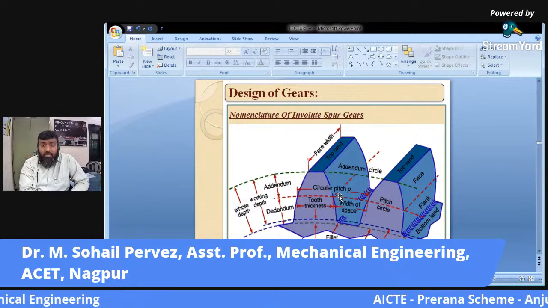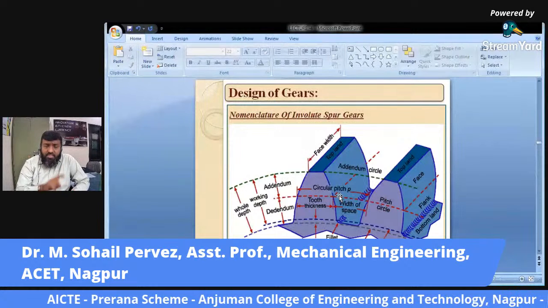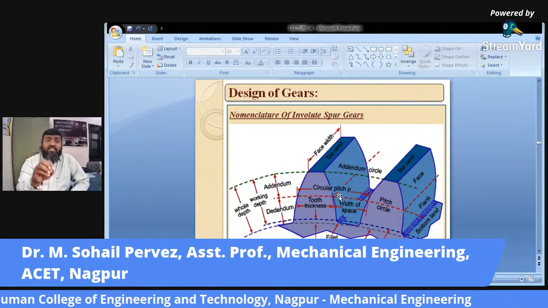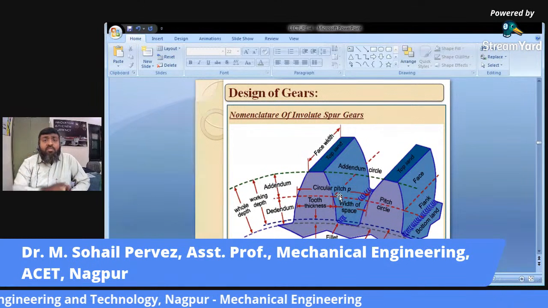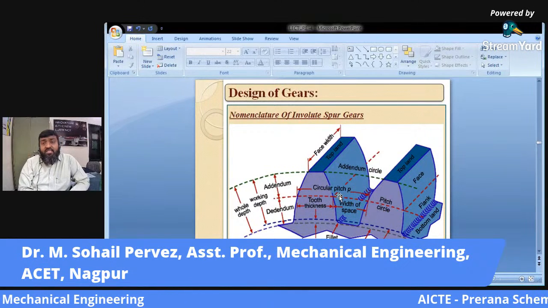Now, based on this, we can design any gear, let it be spur, helical, bevel, or worm gear. The basic criteria is the static condition. Now, the dynamic condition is when it is rotating.